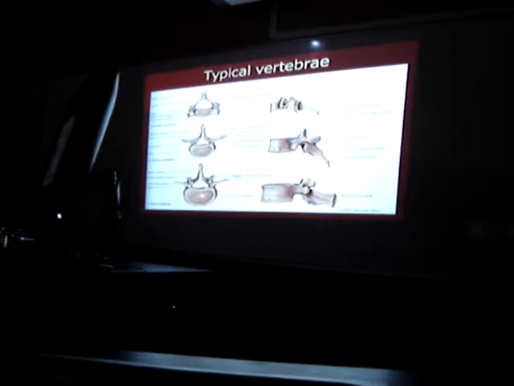But the same generic features, the pedicle. I forgot to mention the lamina back here. The pedicle is this little neck that connects the front half with the back half. And then this little flat region that connects the transverse process with the spinous process is called the lamina.